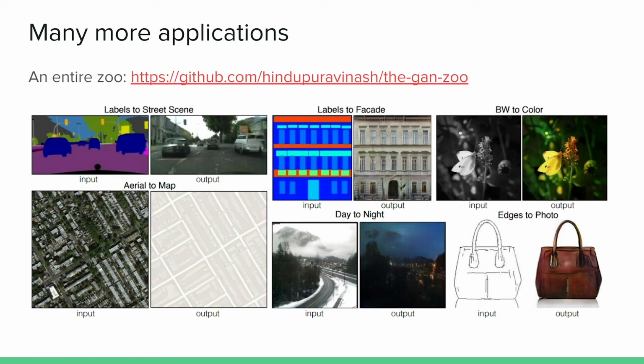And there are many, many more applications for autoencoders. Especially for generative adversarial networks, there is a so-called GAN Zoo. Please check out this resource if you have time.